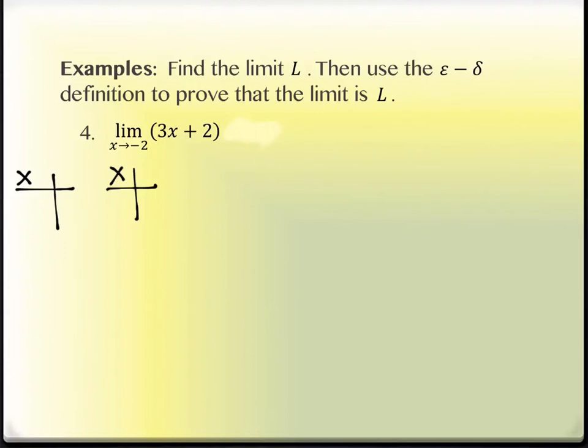My x value here is approaching -2. So I need to have -2.1, -2.01, and -2.001. And then on the other side, I have -1.9, -1.99, and -1.999. My equation in my calculator is 3x plus 2.